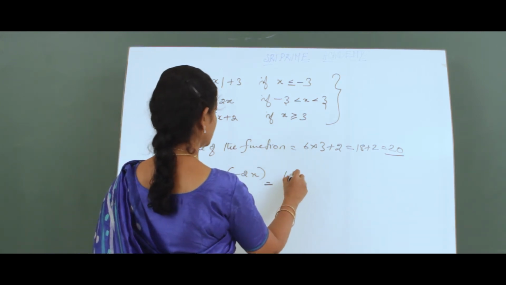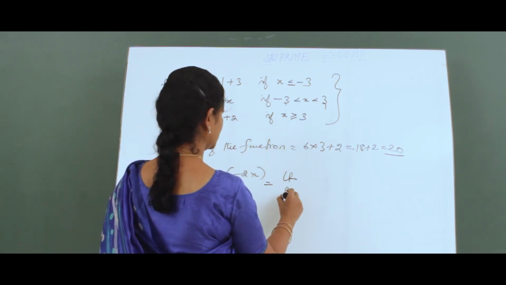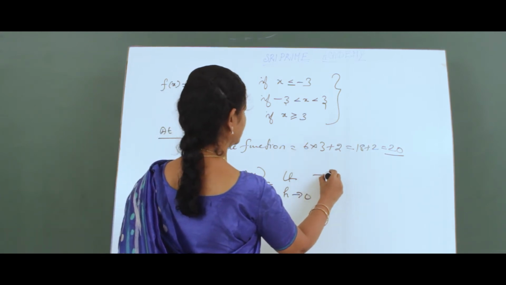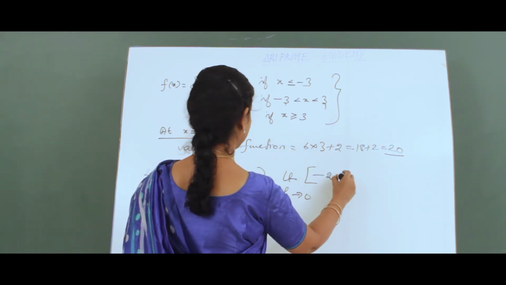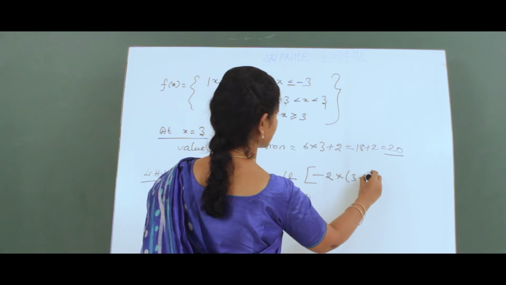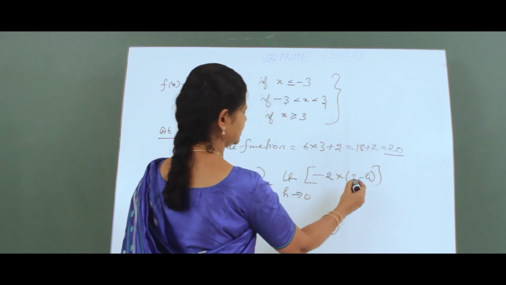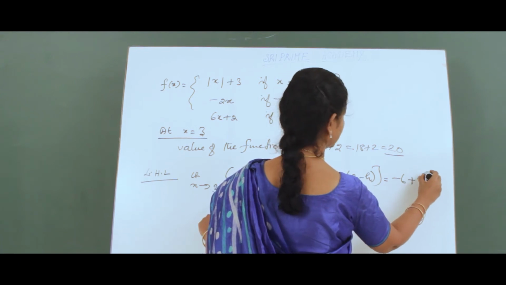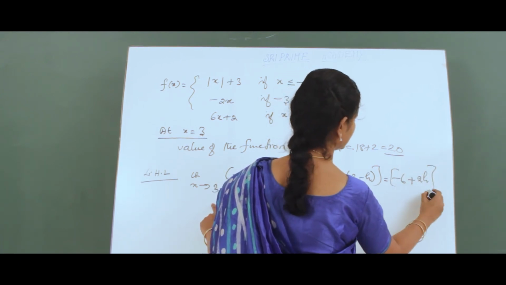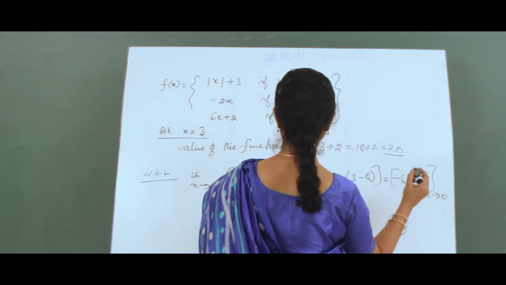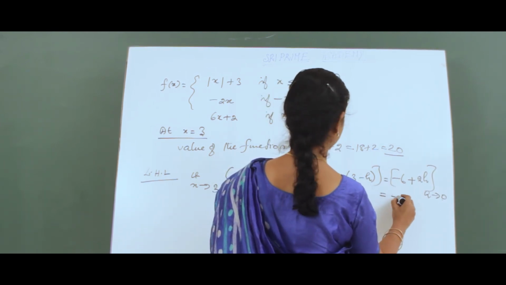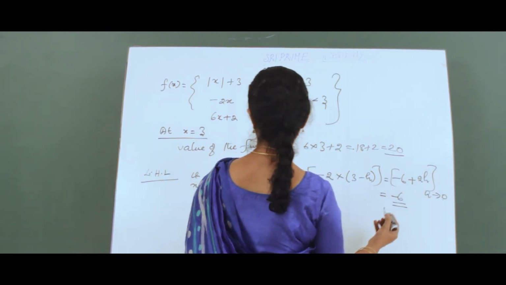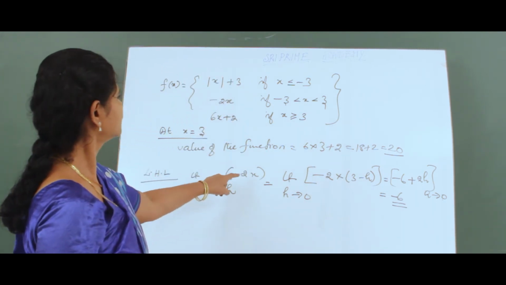So limit h tends to 0, -2 into (3 minus h). Multiplying, we get -6 plus 2h as h tends to 0. As h tends to 0, you get -6. This is the value of the left hand limit.